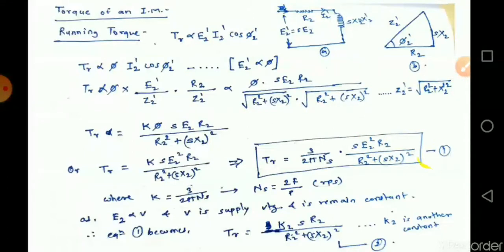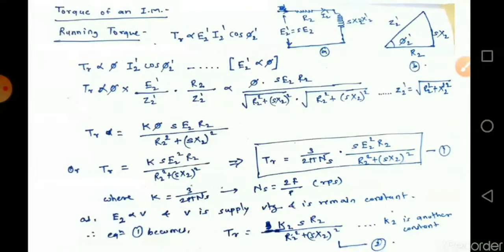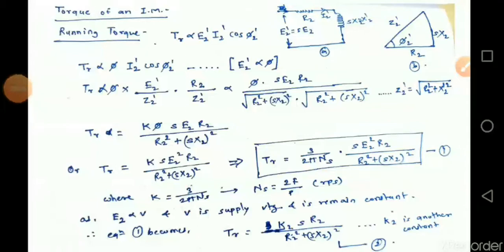So we can rewrite equation 1 to get equation number 2 as Tr equals K2 times S R2 divided by R2 squared plus (SX2) squared, where K2 is another constant. This equation is required to prove the condition for maximum torque.